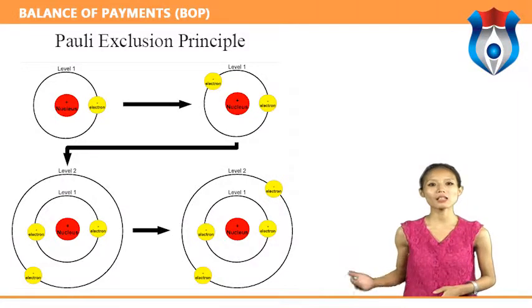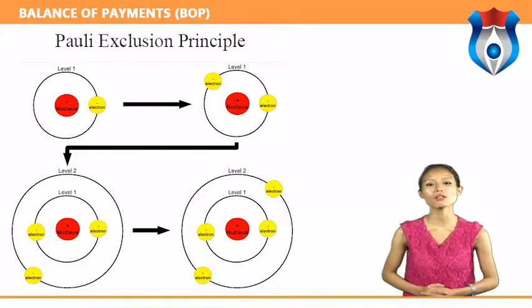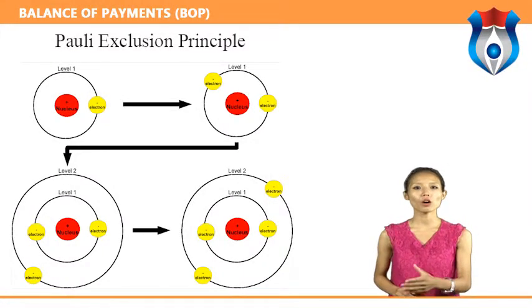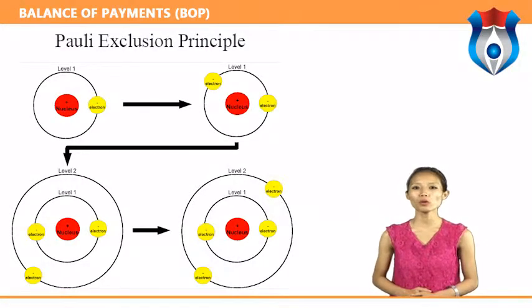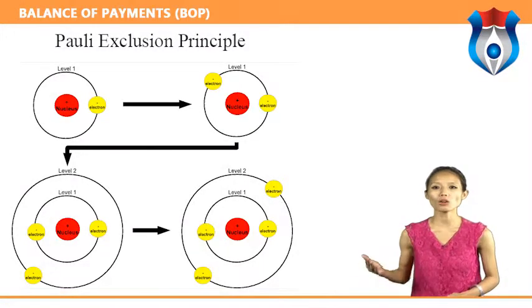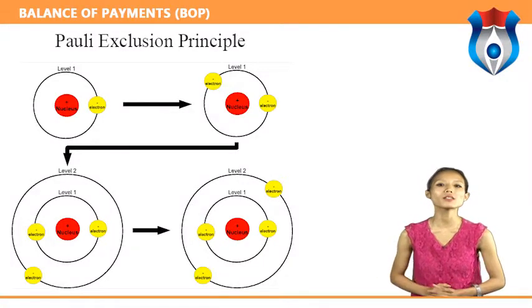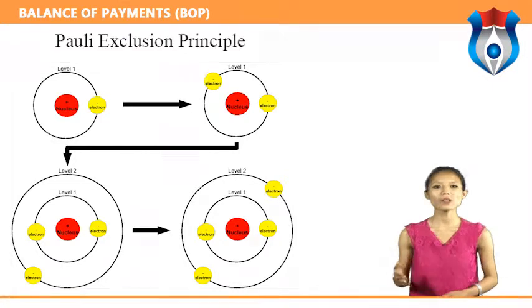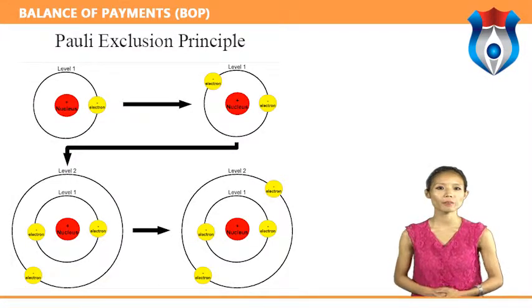Each shell except the K shell is divided into subshells corresponding to the values 0, 1, 2, 3 of the orbital quantum number l. These subshells are called the s, p, d, f subshells, and they can accommodate a maximum of 2, 6, 10, 14 electrons.